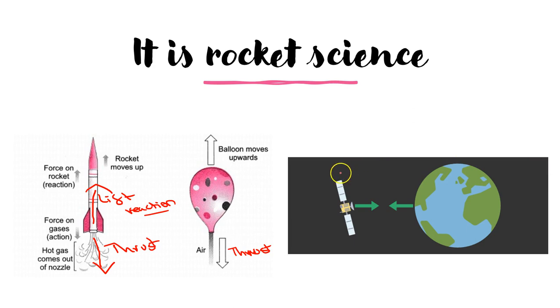So the satellite will be attracted to Earth with the force due to gravity. And the Earth is going to be attracted to the satellite with the same force, okay? It's easy to think that this isn't the case because we think, oh, they've got really big masses.